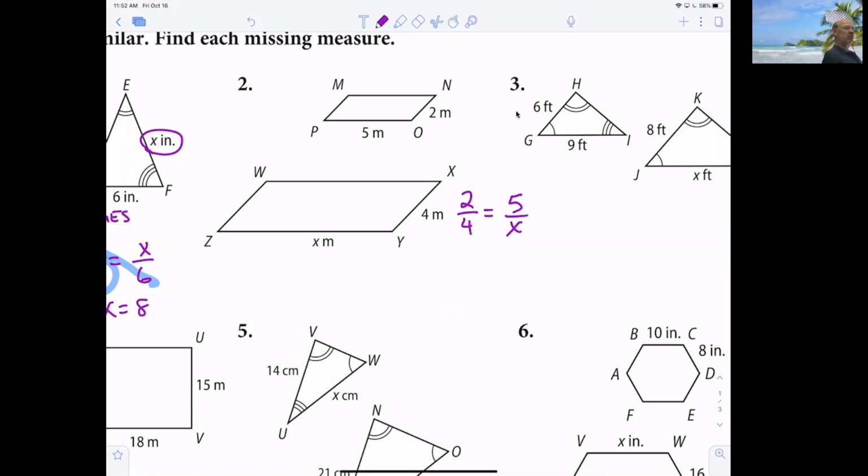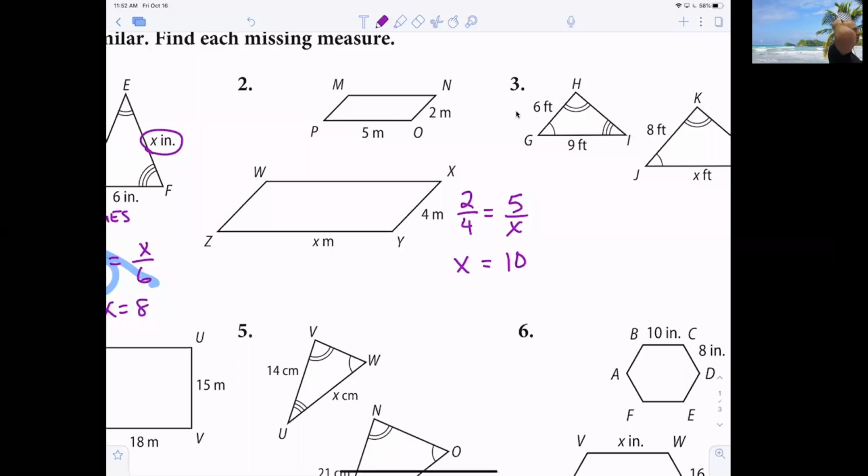Now when you cross multiply, tell me what you multiply. 4 and 5, and then divide by 2. Yes, so that's the math behind it. You agree with me? If you're not sure, you got to speak up now. We're a small class. You should be able to tell me.